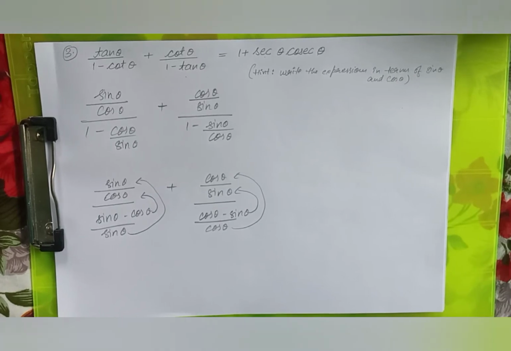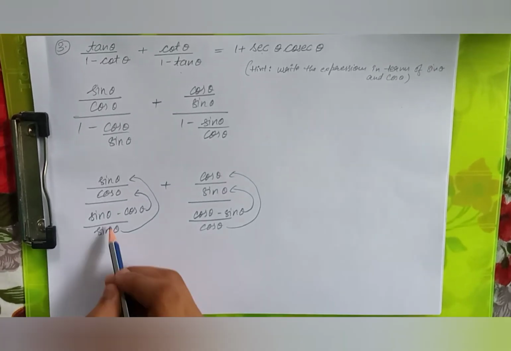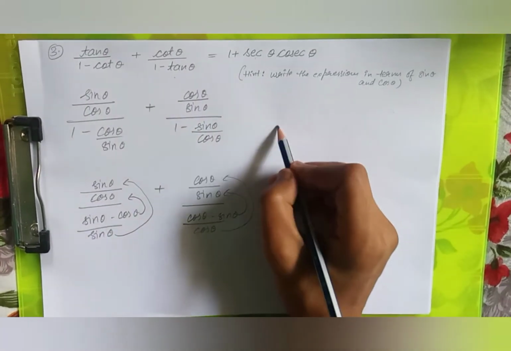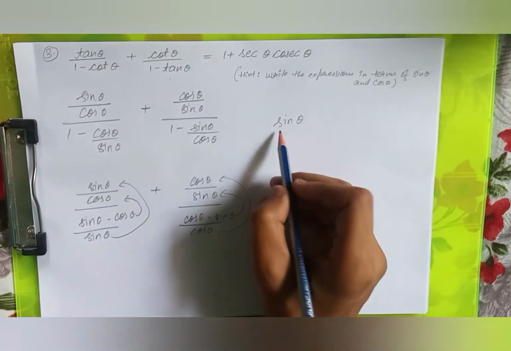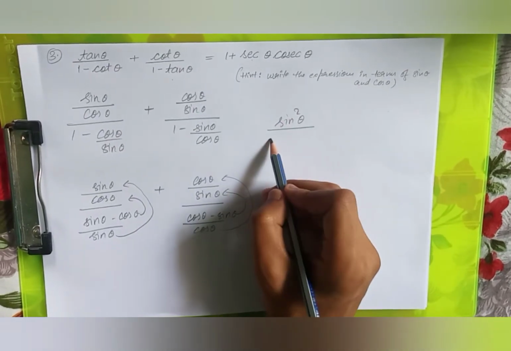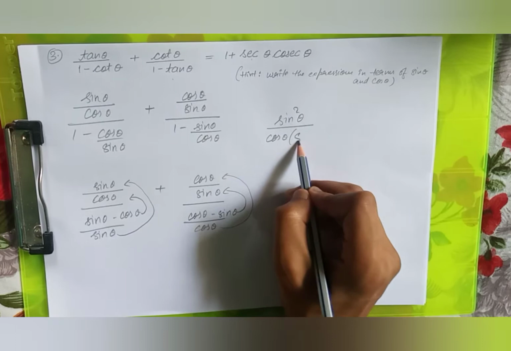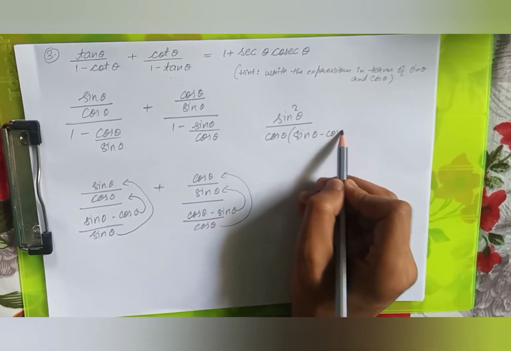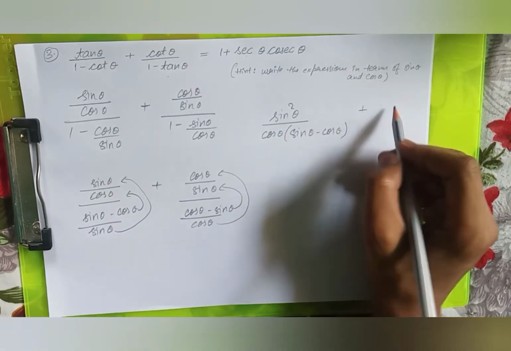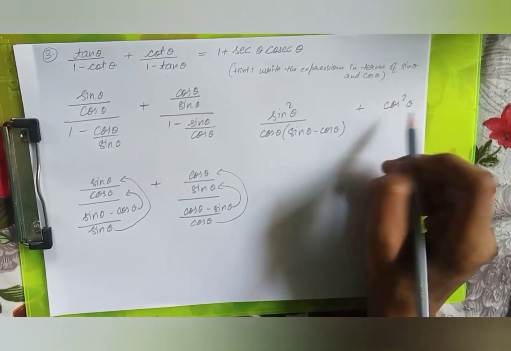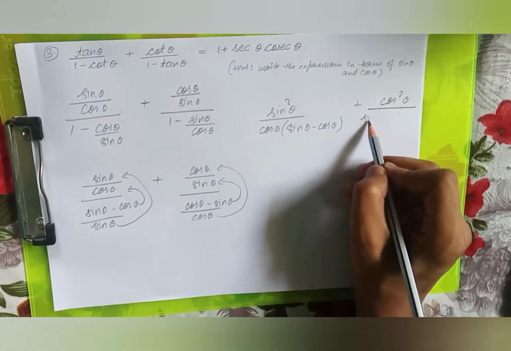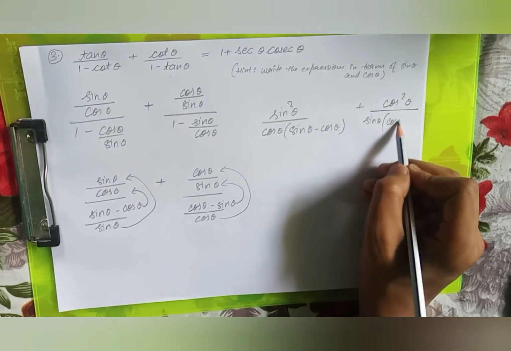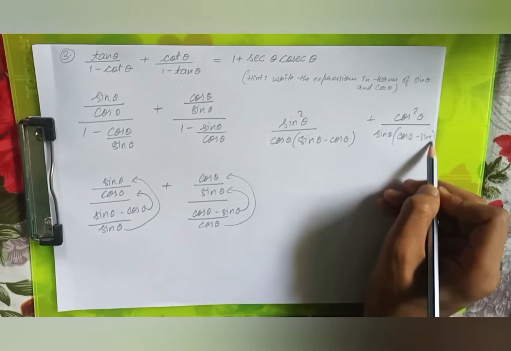This will come, now this will come sin square theta, and this will be cos theta bracket sin theta minus cos theta. Addition sign, this will become cos square theta, and this will become sin theta cos theta minus sin theta.